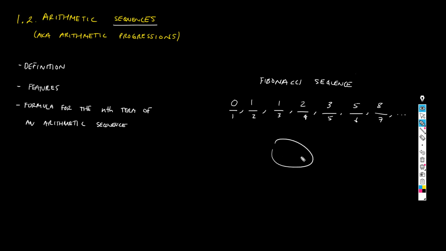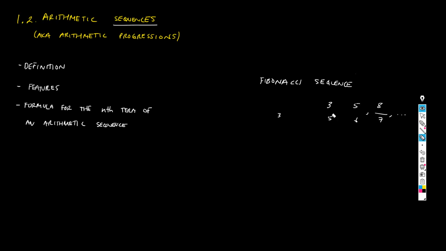It appears in flowers: the number of petals in a flower is usually a number in this sequence, very common. And you can see it in many other places. So this is a very important sequence.